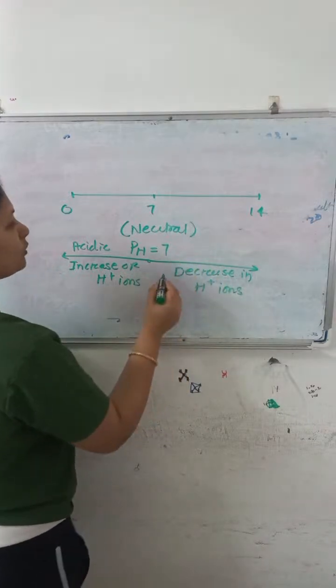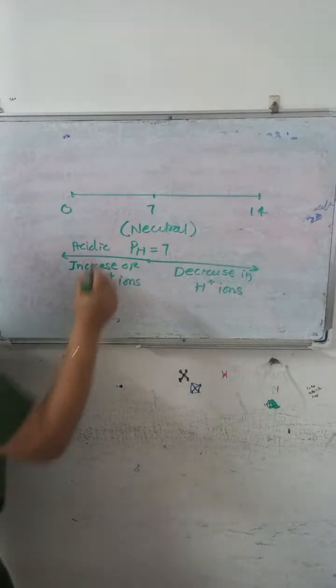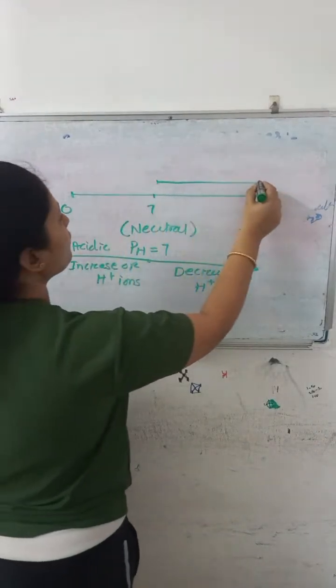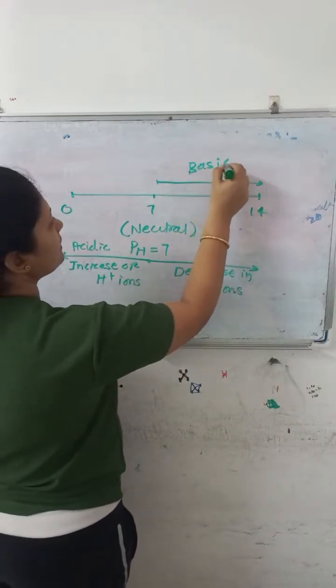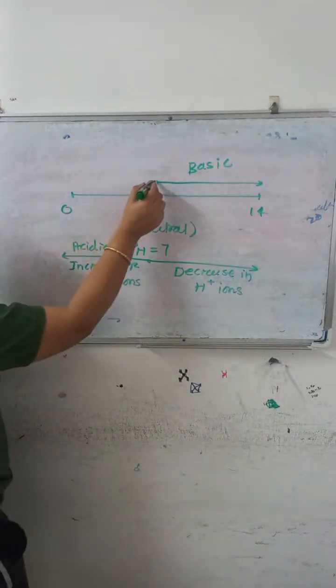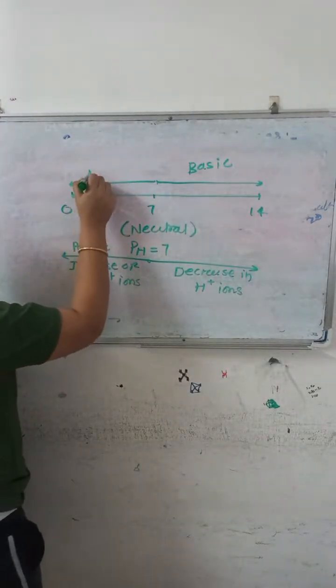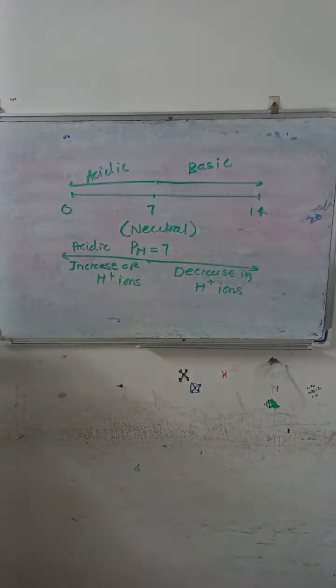That means the solution is more basic. Or we can say that if we are going from 7 to 14, then the substance is becoming basic in nature. And if we are going from 7 to 0, the substance will become more acidic. Getting this? Okay, understood?